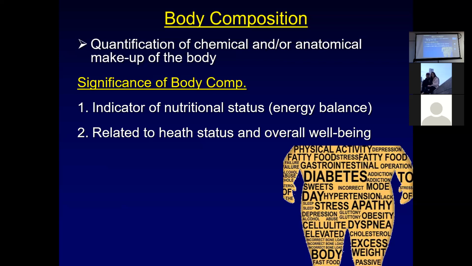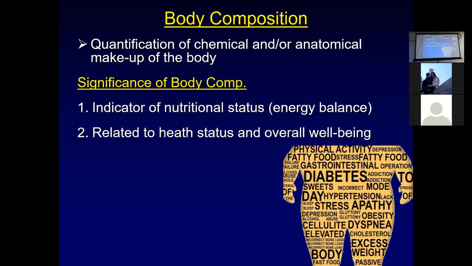It's also related to overall health status and well-being. Although you guys will see, we don't actually have a huge amount of data on body comp and true measures of this much muscle, this much fat, this much bone mineral density, et cetera, and the health outcomes. What we have a huge amount of data on is BMI, which is not a measure of body composition, but it's going to somewhat correlate to body composition.